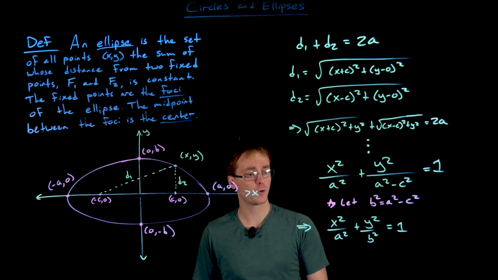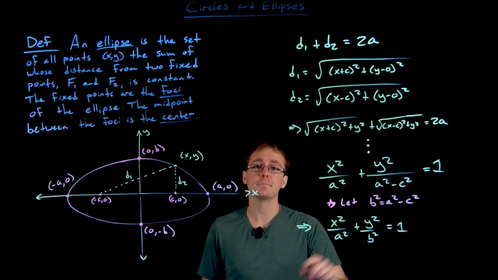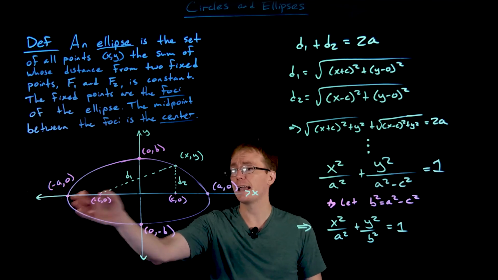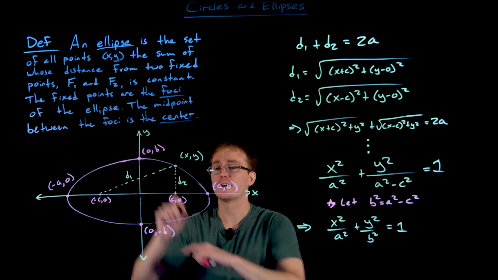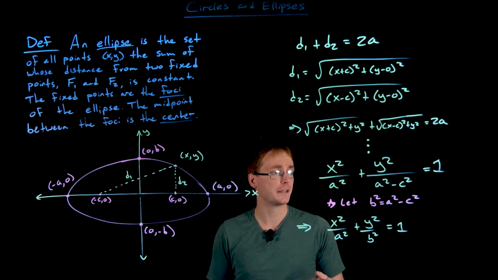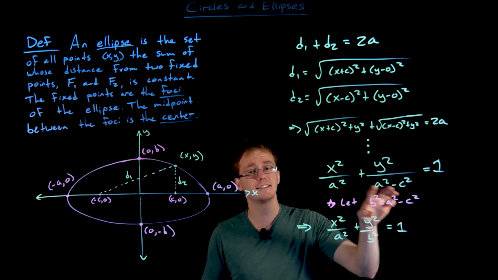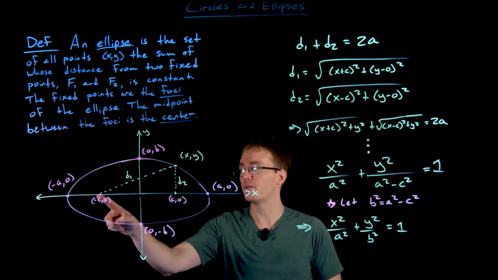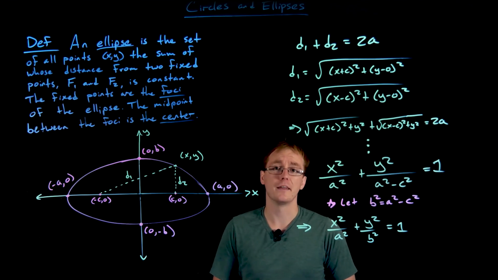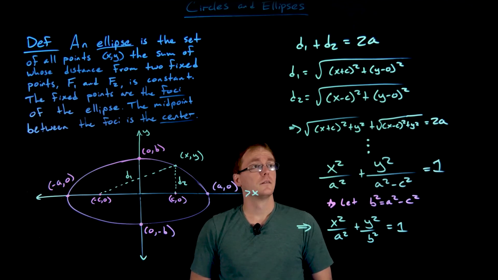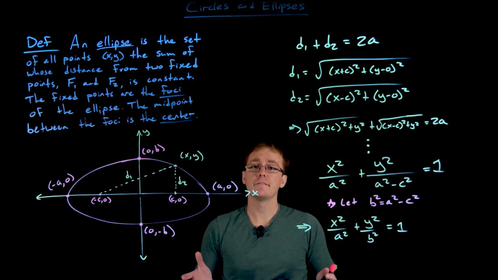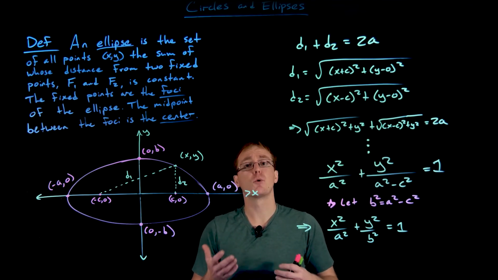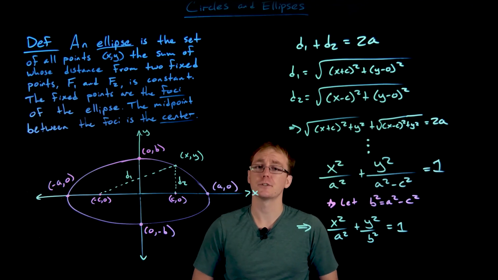From the standard form, we can use those a squared and b squared values to find a and b, which help us find the vertices on the major and minor axis. Once we have a and b, we can also find c, which helps us locate the foci, which are also always on that major axis. So besides skipping over all the busy work with the algebra, we basically derived together the standard form for an ellipse centered at the origin (0, 0).